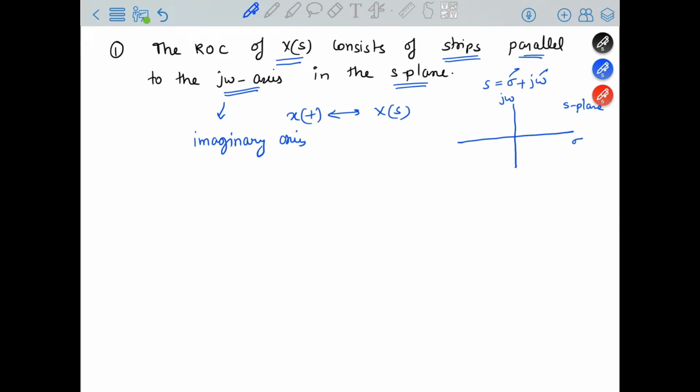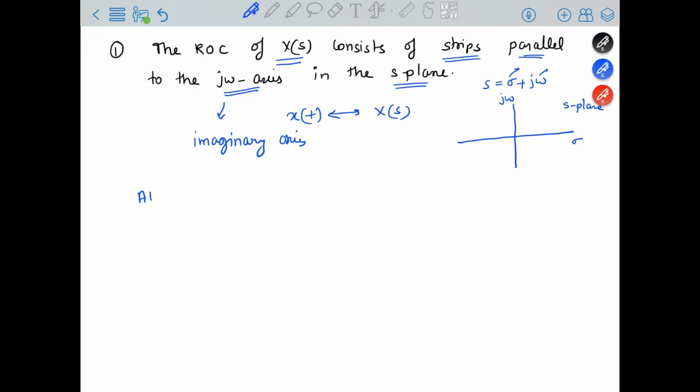So now let's understand this property with some descriptions. The Laplace transform is defined by the formula integral of x(t) e raised to the power minus st dt, and that has to be convergent in order to define the Laplace transform. We have already seen an alternate way of representing the Laplace transform.